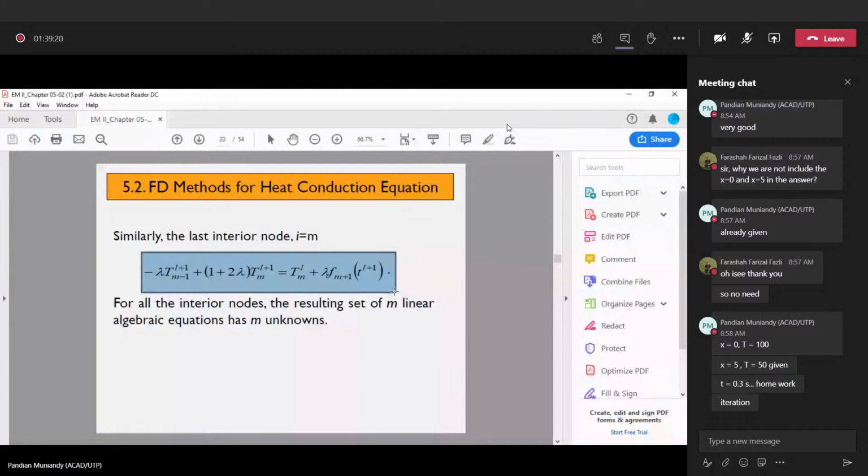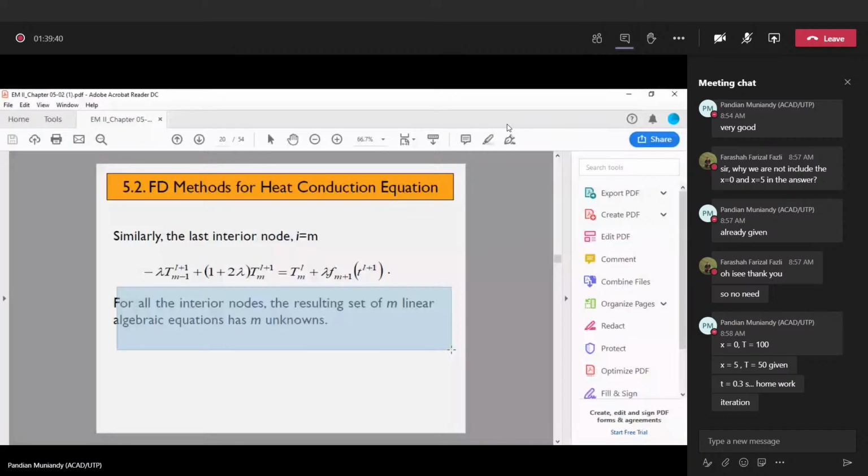So for all the interior nodes, for example X2, 4, 6, 8, the result is a set of M linear algebraic equations with M unknowns. What is the meaning, class? For all the interior nodes, you create a matrix. This matrix must be a square matrix, meaning the number of equations is the same as the number of unknowns.